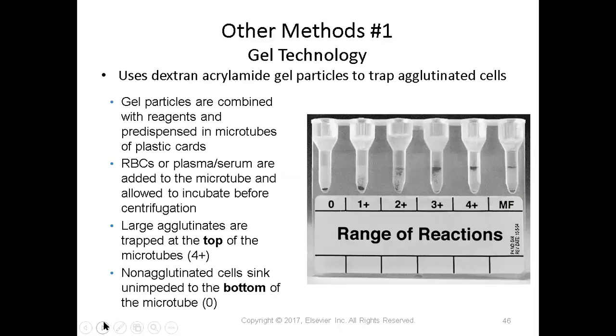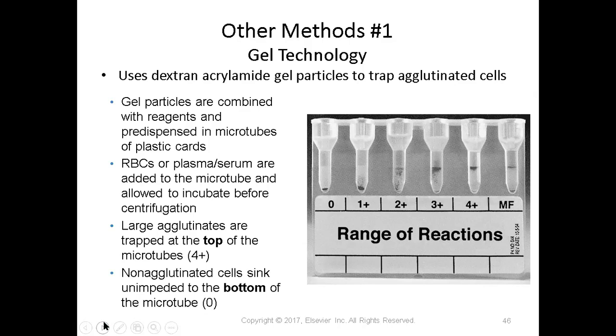So just a couple more things to do with this unit. We're going to basically review other methods in blood banking that are available for testing. And what I can tell you is that when students are learning blood bank, you always learn the tube test first. The tube test is basically the classic way of doing testing.